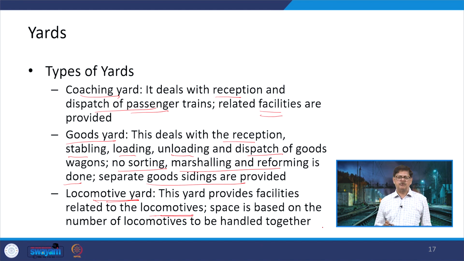Whatever facilities are required for doing those tests will be available in this locomotive yard. And the space is decided on the basis of the number of locomotives which are going to be handled together. Based on that, 3 lines, 4 lines, or the length of the lines which are going to be provided for those locomotives needs to be decided.